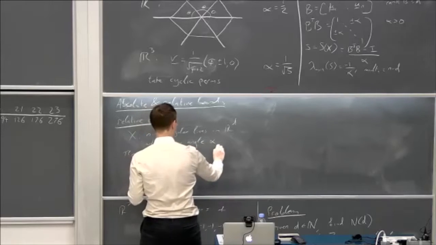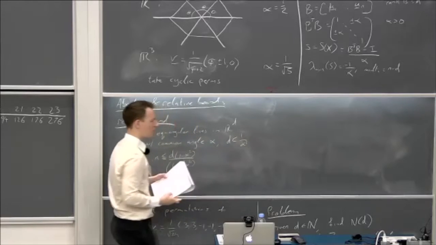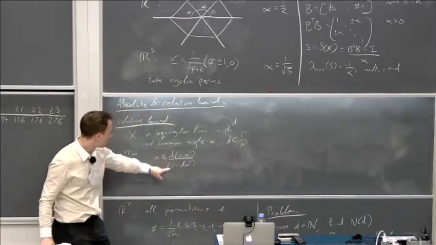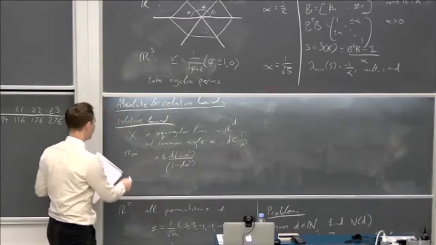One assumption I forgot is that we need to assume d is strictly less than 1 over alpha squared. It's important when we divide by this denominator that we don't flip our inequality.